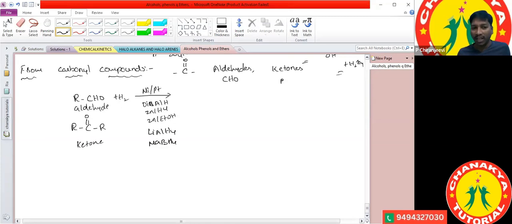Now my explanation: let us see how we write the aldehyde group. Generally we write the aldehyde as C double bond O, and you are adding one hydrogen molecule. How is the hydrogen molecule going to be added? First R bond CH, and here one oxygen atom is there.